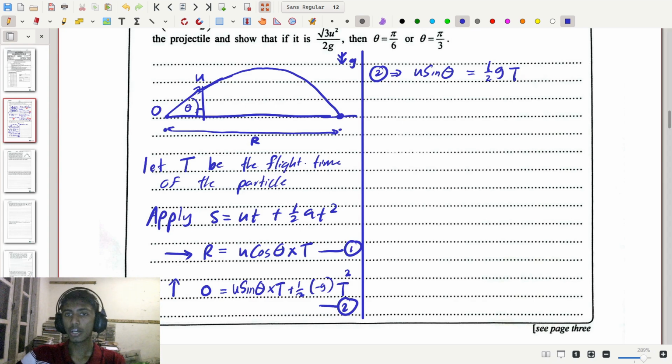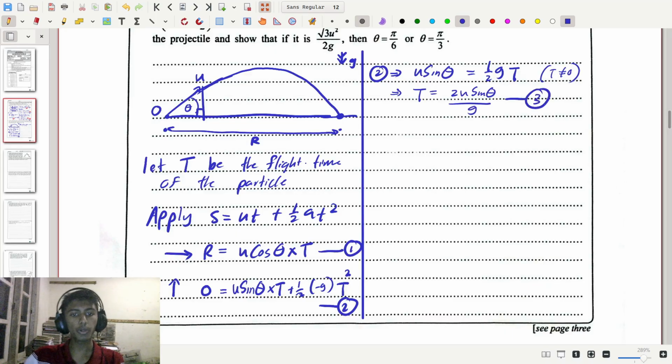Now again, we divided both sides here by t, so we need to mention that t is not equal to 0, and of course t is not equal to 0 since traveling from this point to this point is going to take some time. Now considering this, we can see that this rearranges to give that t is equal to 2u sine theta divided by g. Let's call this equation number 3.